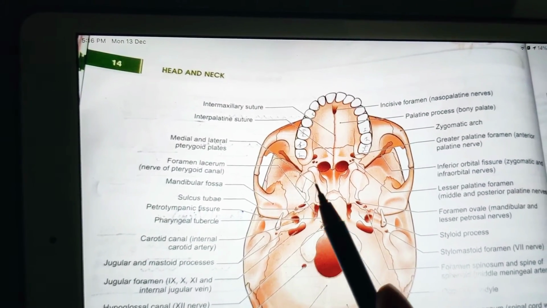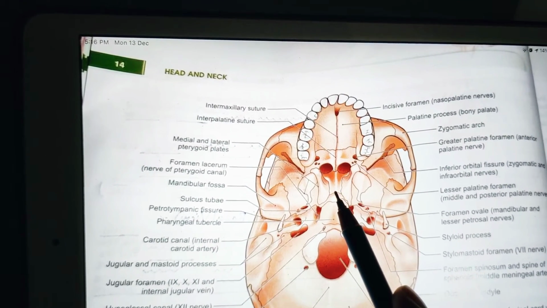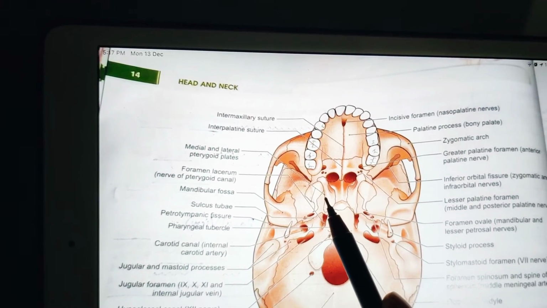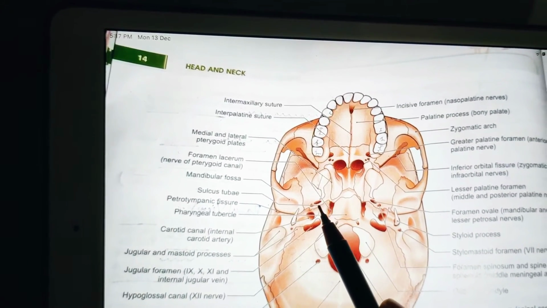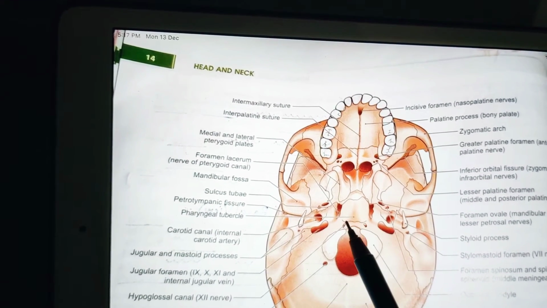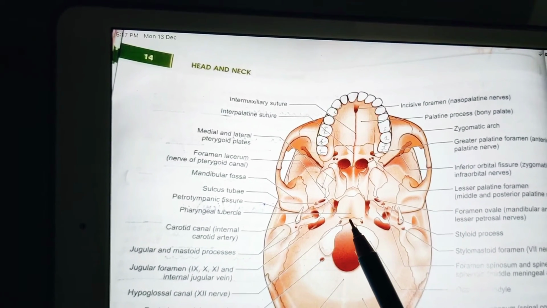The median area shows the posterior border of the vomer. This is the posterior border of the vomer. And also you can see the broad bar of bone formed by fusion of the posterior part of the body of sphenoid and the basilar part of occipital bone.